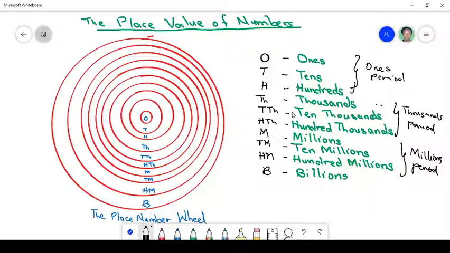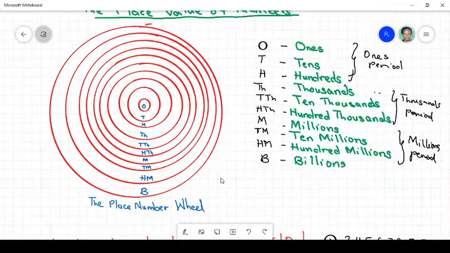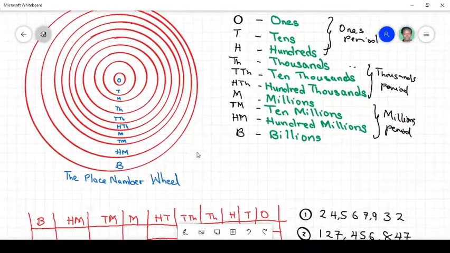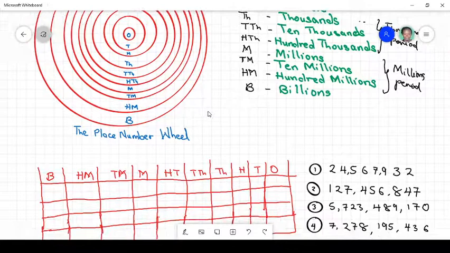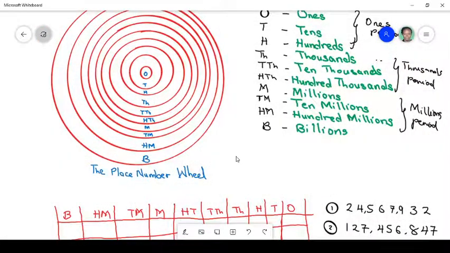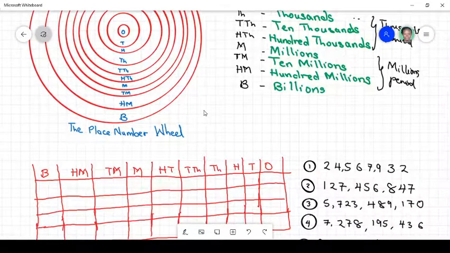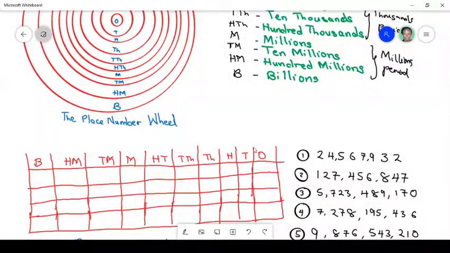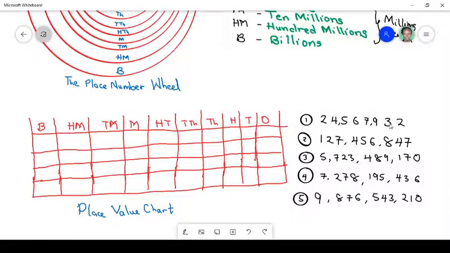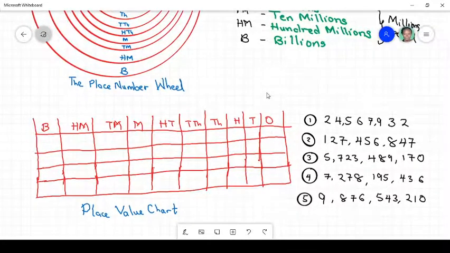For our level in grade 6, we just look at numbers to the billions. So if I have a very large number, I could use the place number wheel to tell the place of the digits, or the place value of that digit in the number I have. So let's take an example.